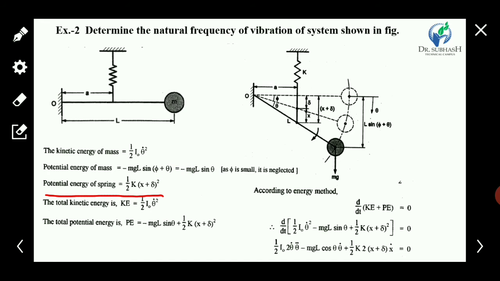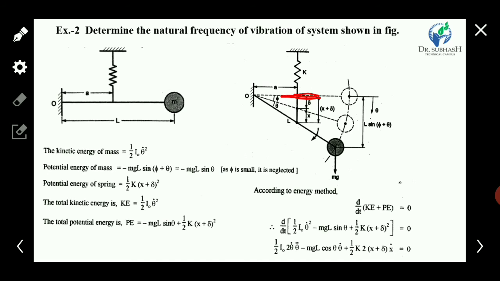Now the potential energy of the spring is defined by the deflection, 1/2 k x square, where x is the displacement of the spring. Both are considered.